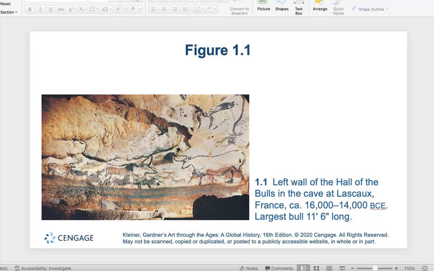So now you're getting maybe a better idea of the amount of effort it took to get in here and bring all their stuff with them and then finally make these paintings. So whatever the purpose of these paintings in these caves, it must have been very important to them for them to go to all of that trouble. Do you understand what I'm saying?